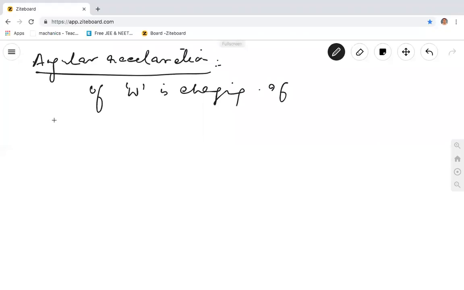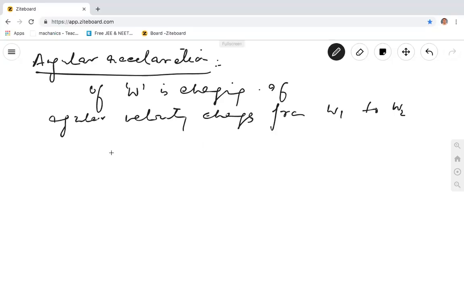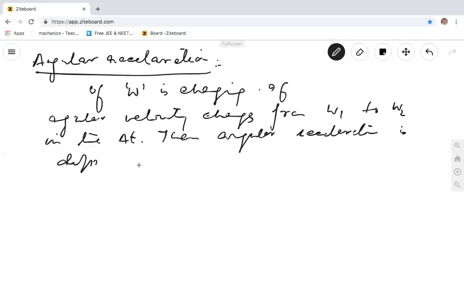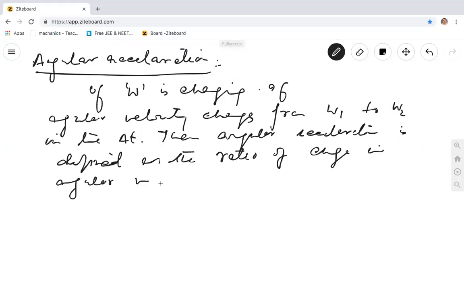If angular velocity changes from omega 1 to omega 2 in time delta t, then angular acceleration is defined as the ratio of change in angular velocity to the time interval.